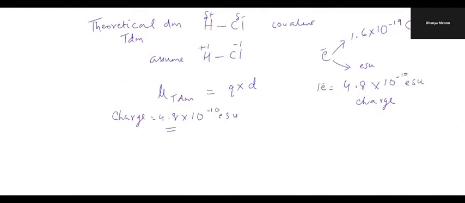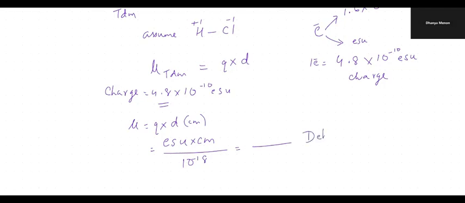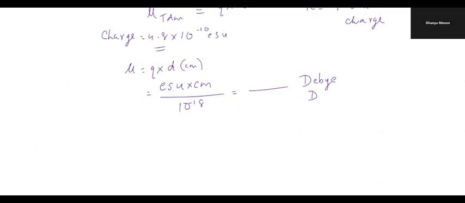Now, mu is equal to Q times D. Q is expressed in ESU, times the distance in centimeters, divided by 10 raised to -18. The answer that you get is expressed in Debye, which is a capital D. This is how you express mu.